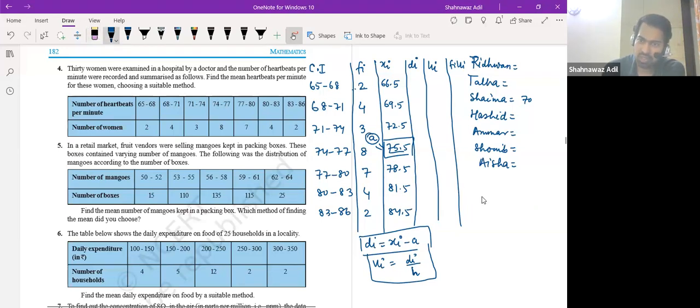Because from the step deviation method, you should get h times the sum of fi ui divided by the sum of fi, right? And maybe your h is very large. How much are you getting, 60 or something like that?